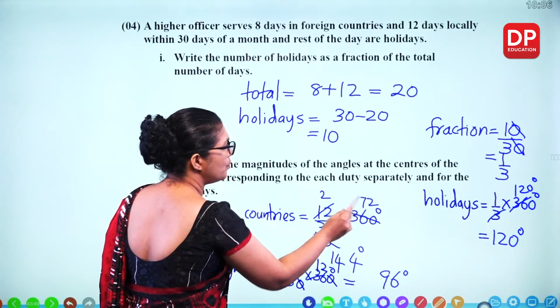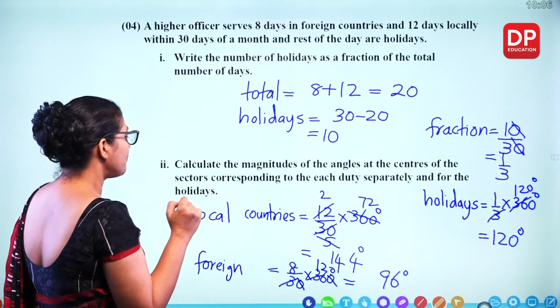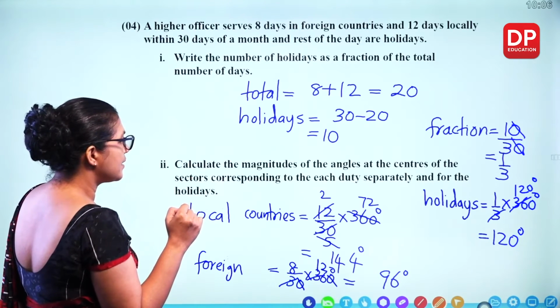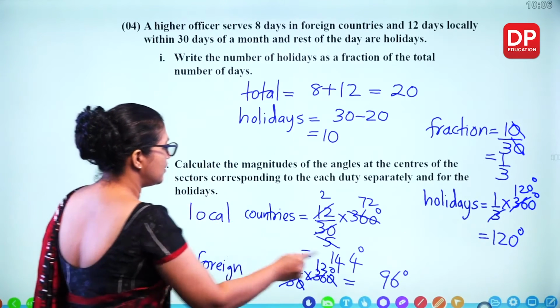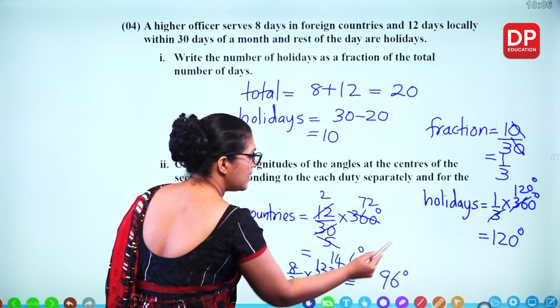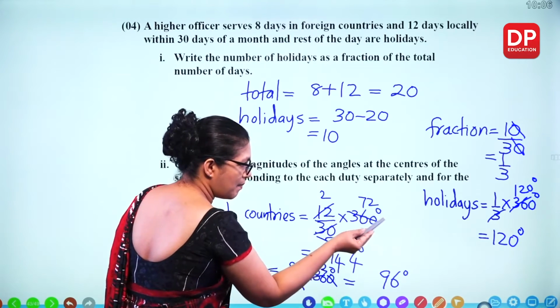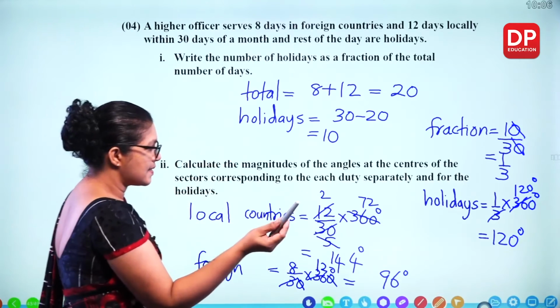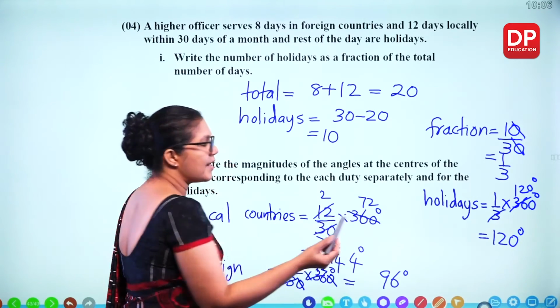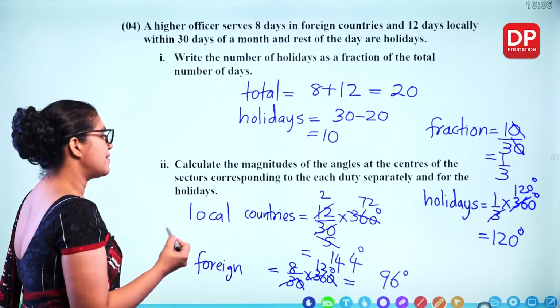6 plus 2, 8. Now here 6 plus 4, 10, and here 10 plus 4, 14, plus 2, 16, and 1 remaining, and you get 360 degrees.